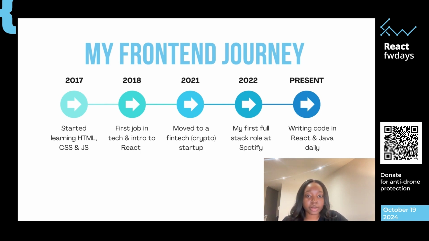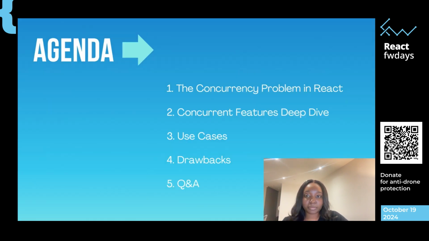I was there for a year, and then in 2022 I got my first full stack role at Spotify. So up until 2022 I had solely worked in front end, and today in my role I write both back end and front end. On the front end is React code, and on the back end I write Java. So yeah, that's a quick summary of my journey.